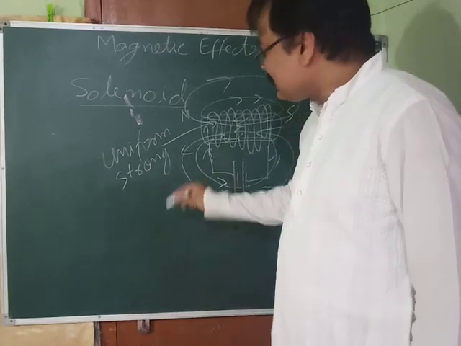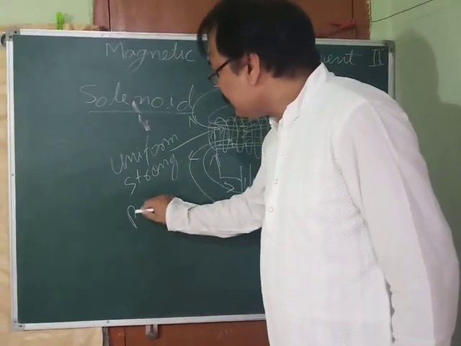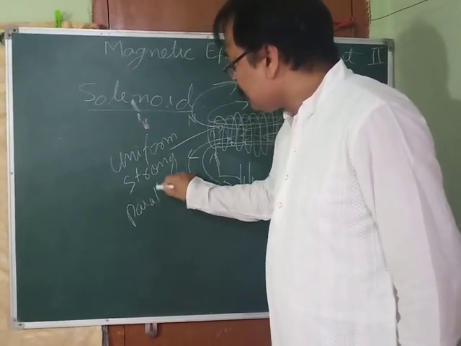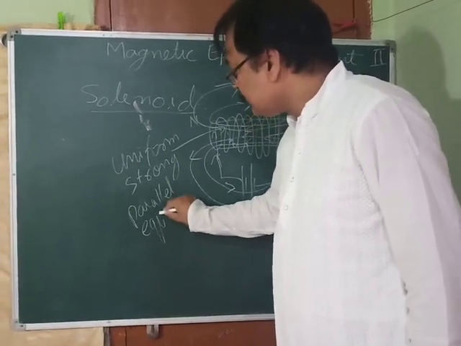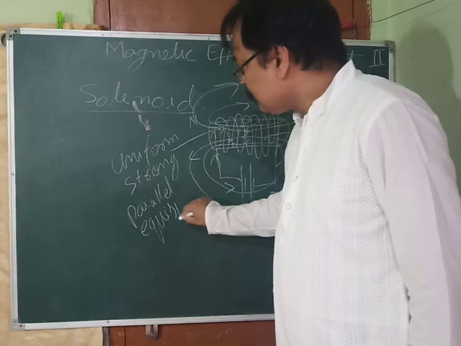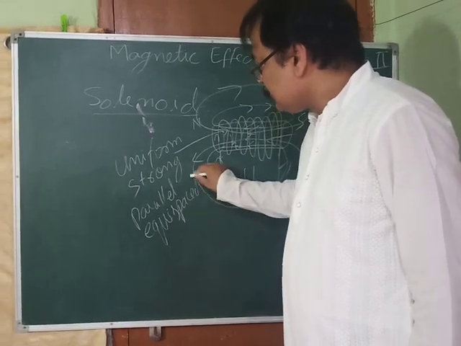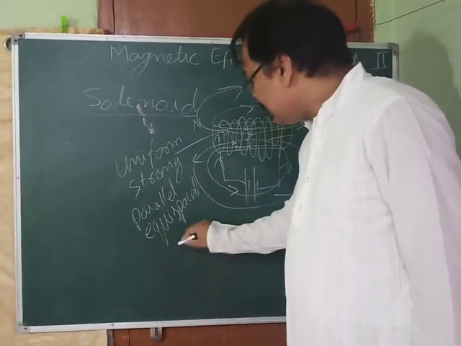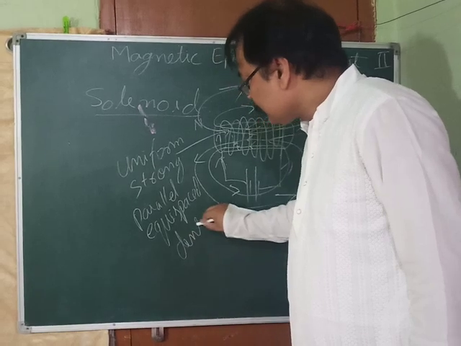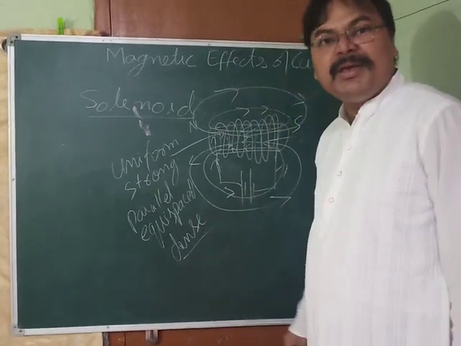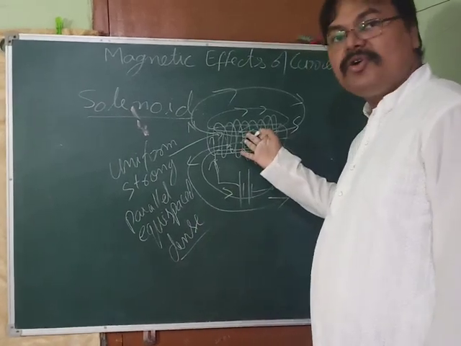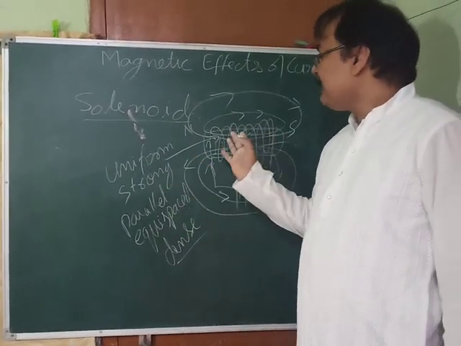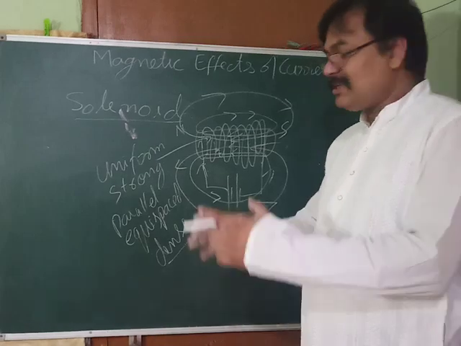Why? Because lines are parallel, equispaced, and dense. That's why the field is uniform and strong. Uniform means the same field is there.